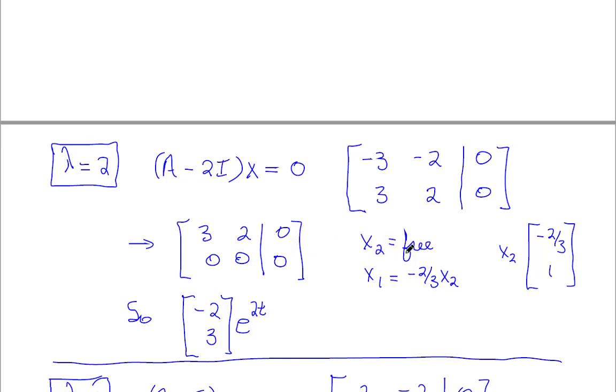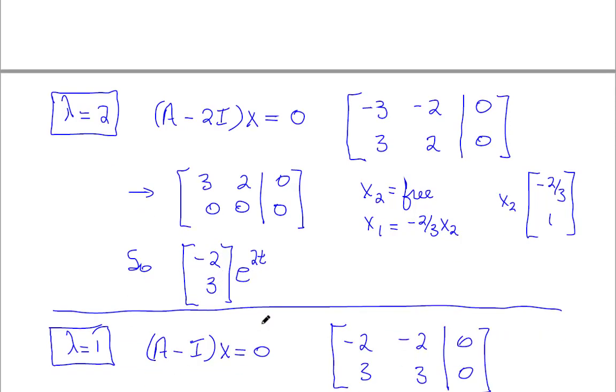So x2 is free, x1 is, bring the 2 over, minus 2/3 x2. And so I can leave it like that, or to get rid of the fractions, I can multiply top and bottom by 3. And so this piece of my homogeneous solution looks like minus 2, 3, e to the 2t.